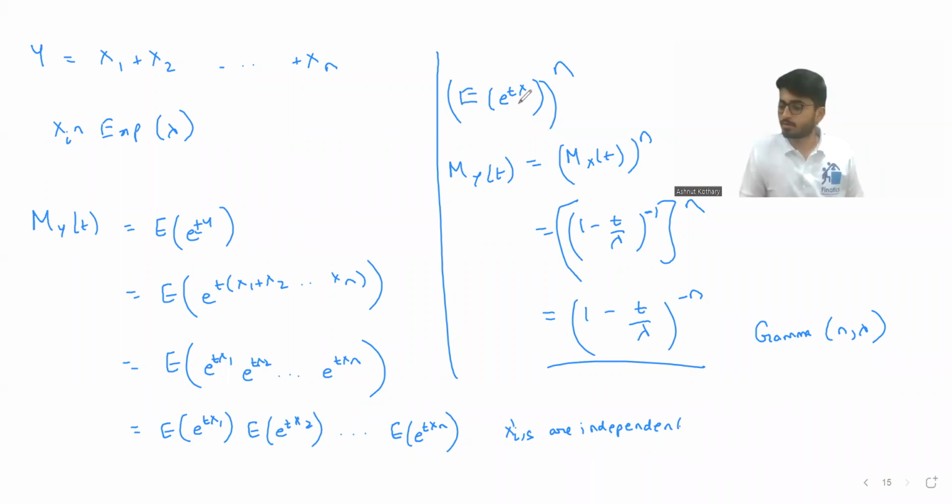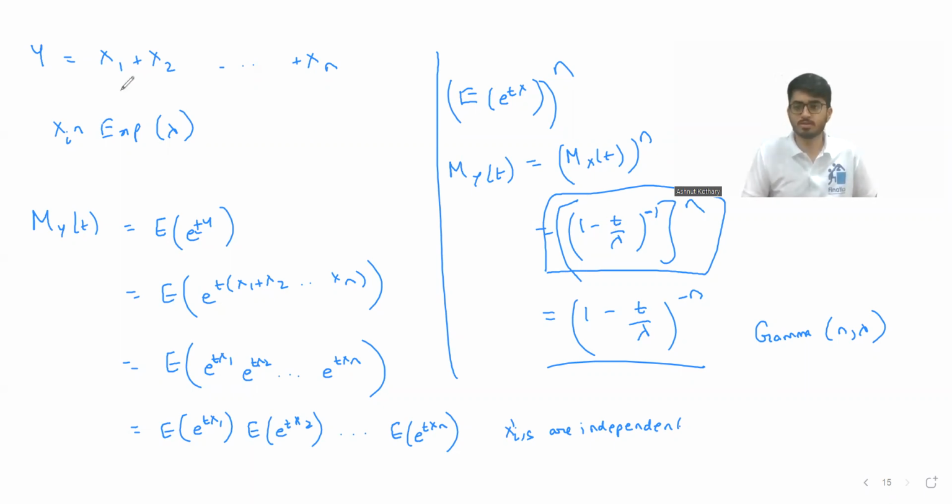Second last step. This one are you asking, Akash? If you refer to tables, the MGF MX(t), where X is an exponential distribution, you will see that the MGF of the exponential distribution is given to be 1 minus t by lambda whole to the power minus 1.